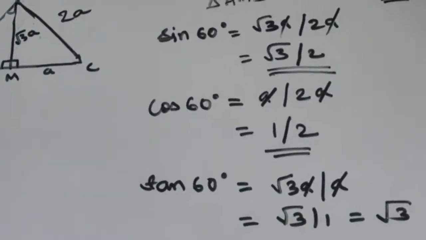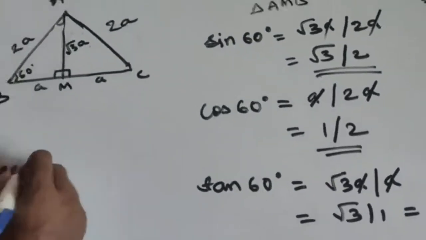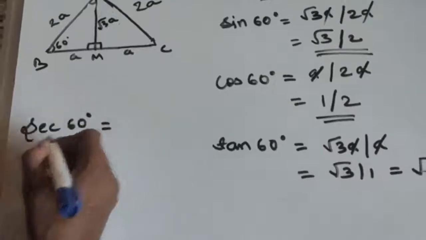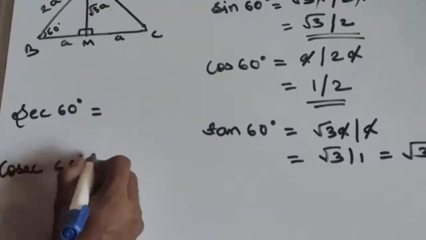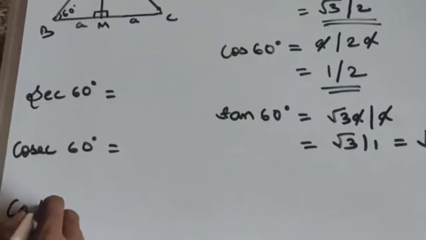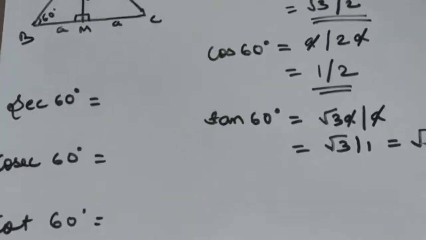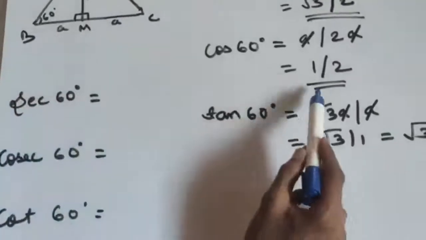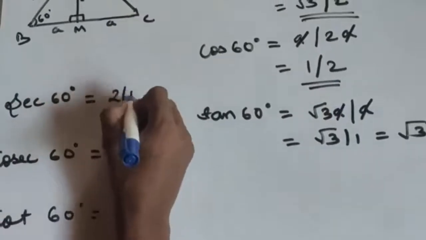Okay, so let's find it for sec 60 degree, cosec 60 degree, and cot 60 degree. For sec, it will be the reciprocal of cos. Here the value of cos is 1 by 2, so it will be 2 by 1, which is 2.